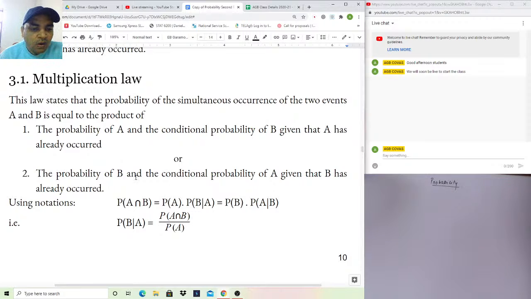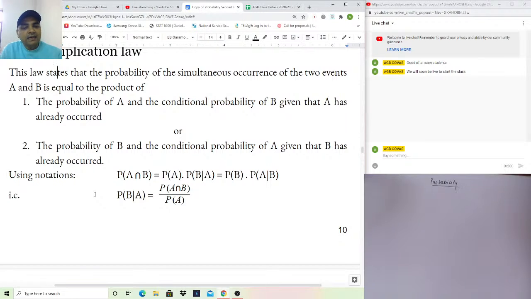Okay, or the probability of B and the conditional probability of A, given that B has already occurred. So let us understand these things. P(A intersection B) is equal to P(A) into P(B given A has already occurred), or P(B) into P(A given B has already occurred).